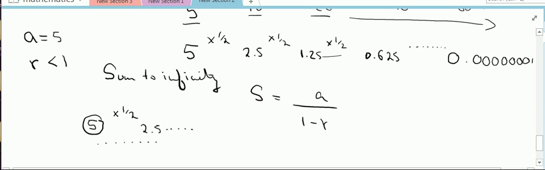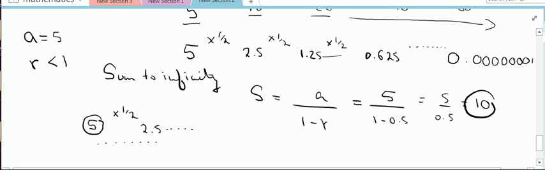The question asks how much will his deposit sum up to at the end if he keeps on doing this practice. You will say it will be 5 divided by 1 minus 0.5, which is 5 divided by 0.5, or 10.